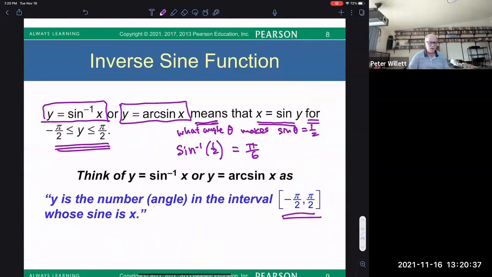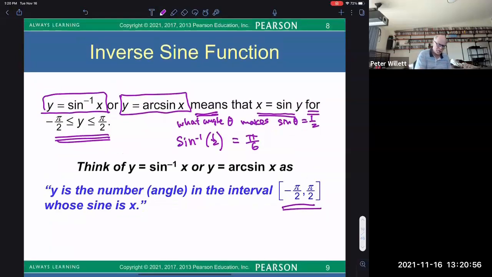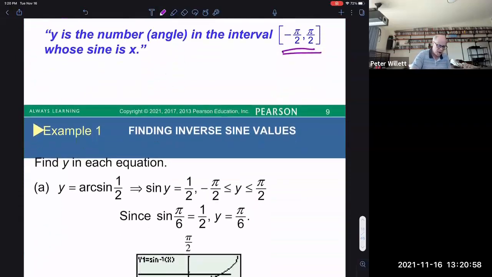And that's what the inverse or arc sine of x does. It says y is the angle measurement number in the interval between -π/2 to π/2 whose sine value would give you the x that you plugged into the inverse here. So they just sort of state that. It's hard to really wrap your mind around it.